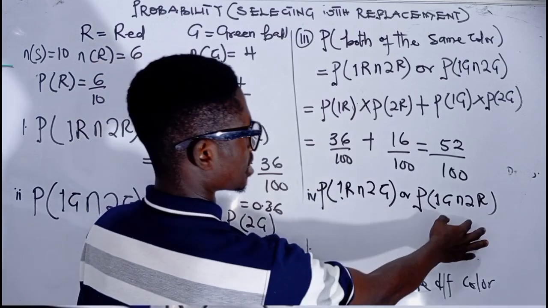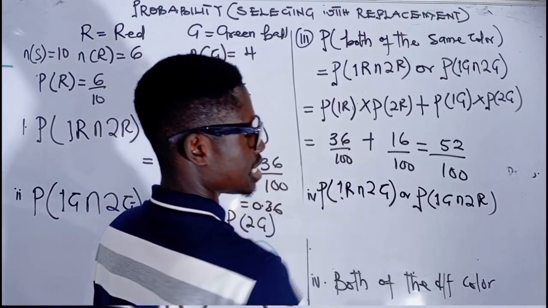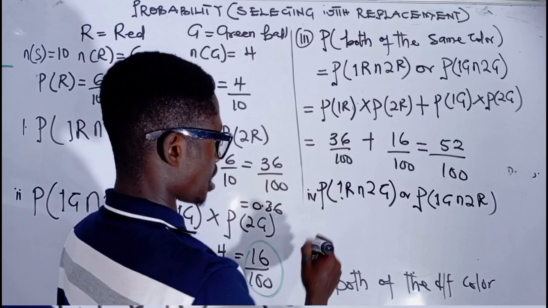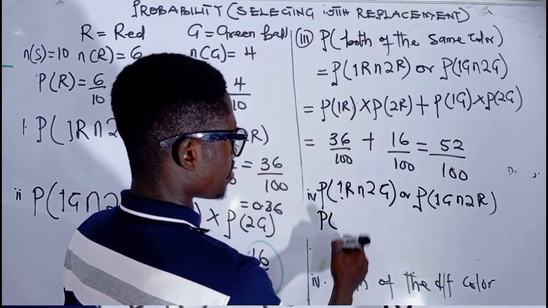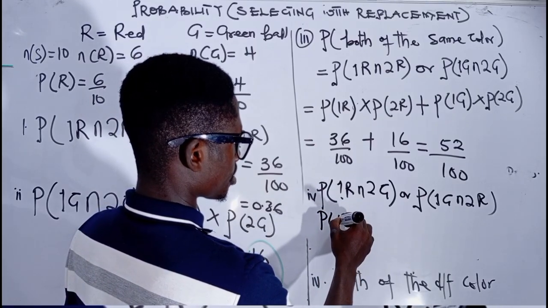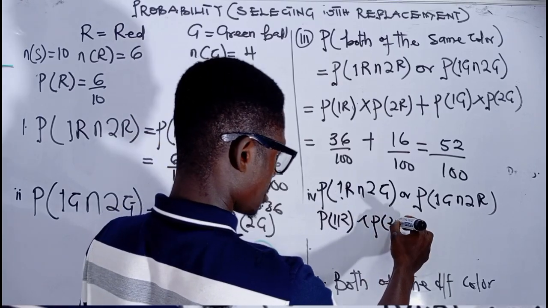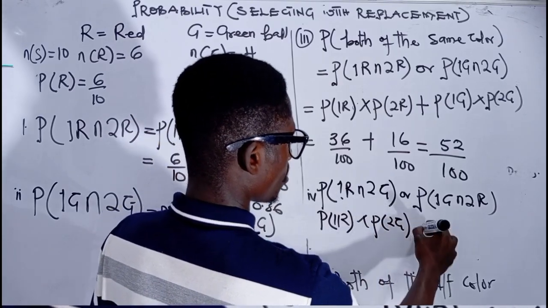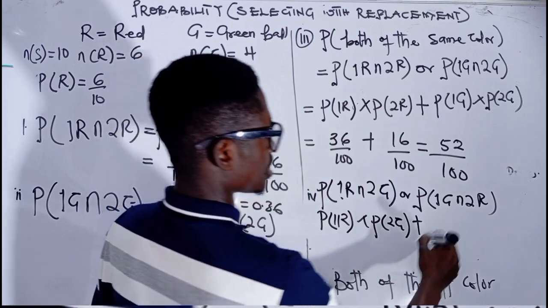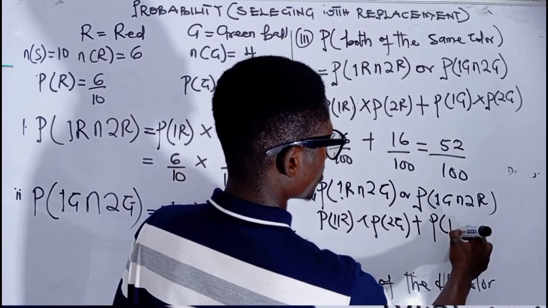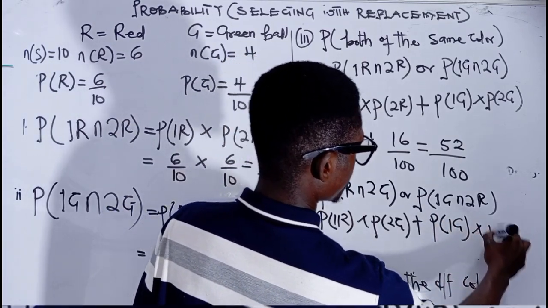In each of these instances we have different colors. So we have the probability that the first one is red multiplied by the probability that the second one is green. The "or" means addition, and then on the first pick we have a green multiplied by red.